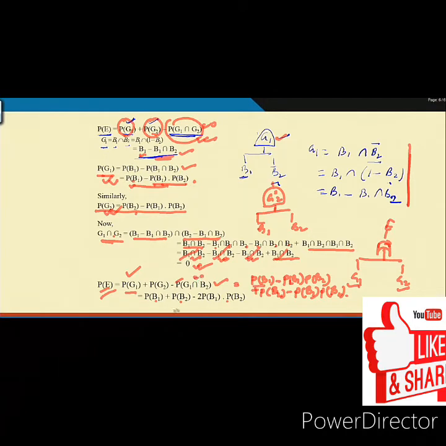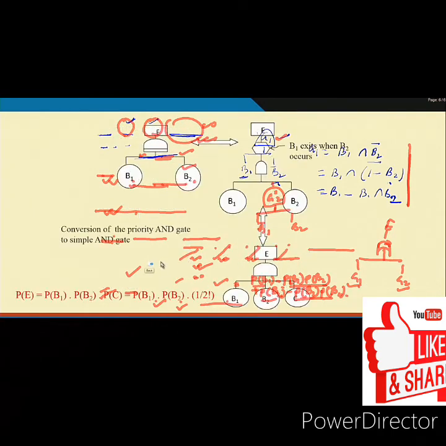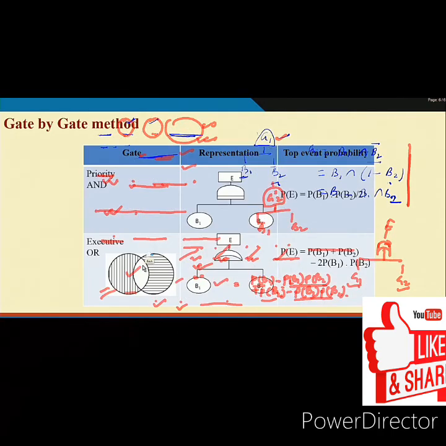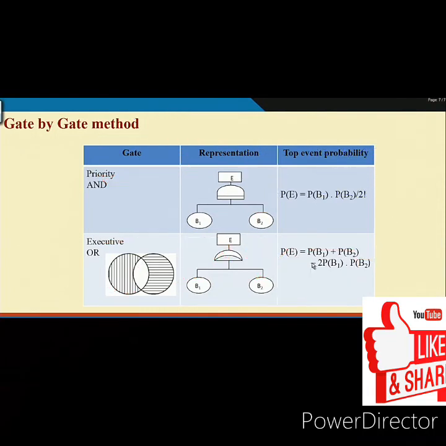So, then PB1 plus PB2 minus PB1 into PB2 minus PB1 PB2, that is the derivation. If you go back, you see this is the derivation: exclusive OR gate, PB1 plus PB2 minus 2 PB1 into PB2.